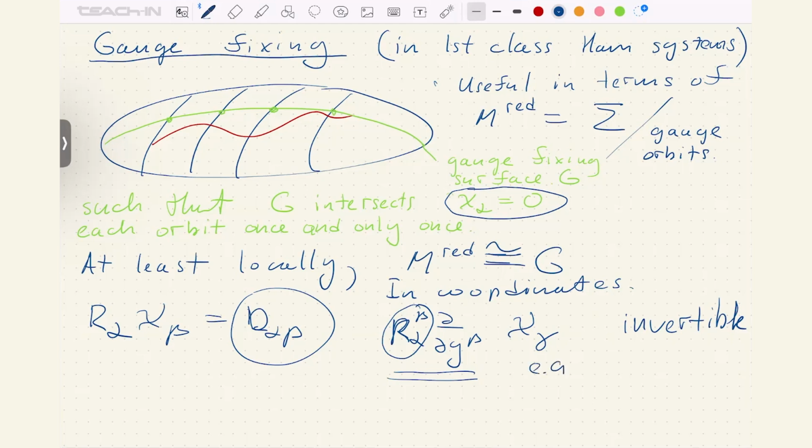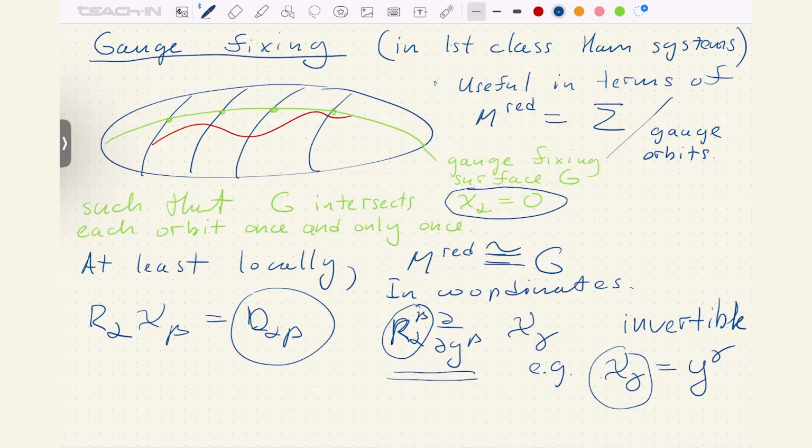So for instance, you can pick chi gamma equal to, for instance, y gamma. Well, sorry for the index in the opposite position, doesn't matter. So if you want to pick one point where y equals 0, this is precisely the origin of this local coordinate system, we take chi equal to y, and then this condition is satisfied.